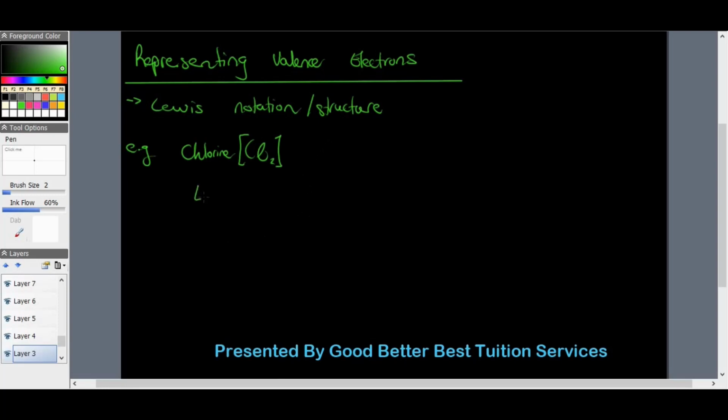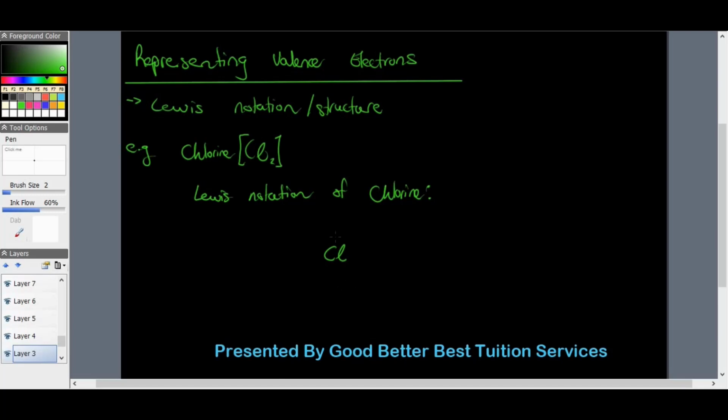If we have a look at the Lewis notation of chlorine, it will look something like this. We'll write out chlorine normal, and we'll start drawing. We usually use X's and dots with Lewis structure or Lewis notation.